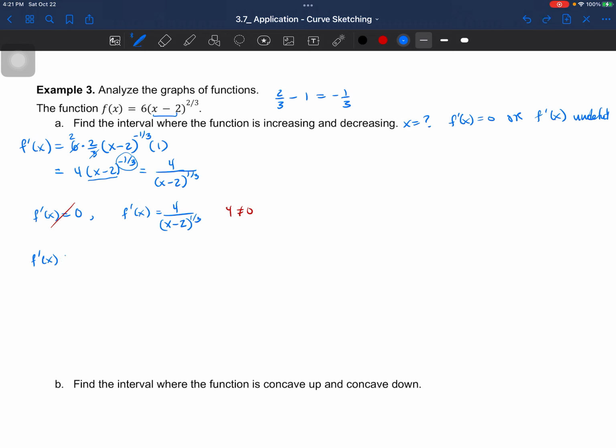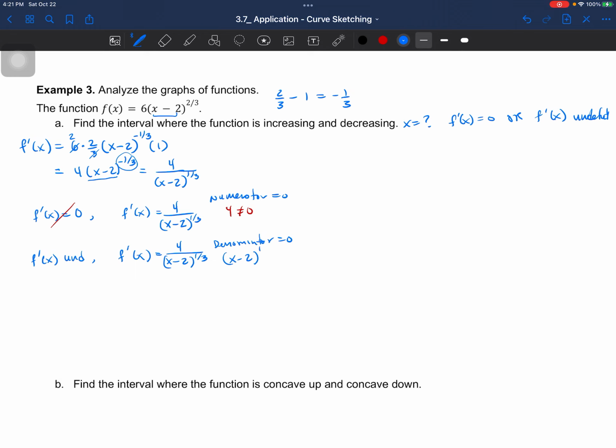So the next case, which is very rare that we actually do this one, but we have to do it, is whenever the first derivative is undefined. So when will this be undefined? Well, it's sort of neat, because at this one, you look at the numerator when it's 0.